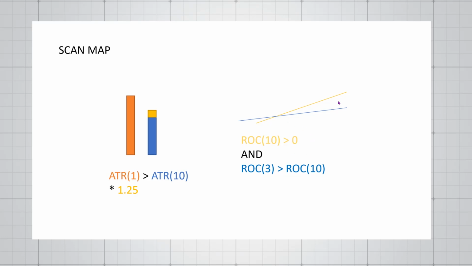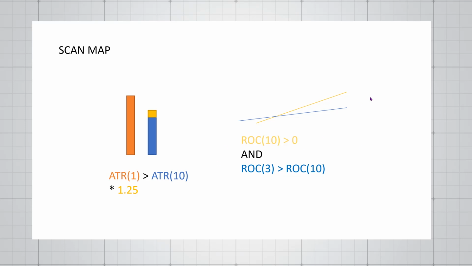Our rate of change is greater than 0, and our rate of change over 3 periods has to be greater than the rate of change over 10. Of course, that's times 1.25 also. Notice we did not ask that the rate of change for 3 periods has to be greater than 0 because, of course, inferentially, if the 10 period is greater than 0, we're likely going to have a 3-period that's greater than 0 because it also has to be greater than the 10, which, of course, is greater than 0.